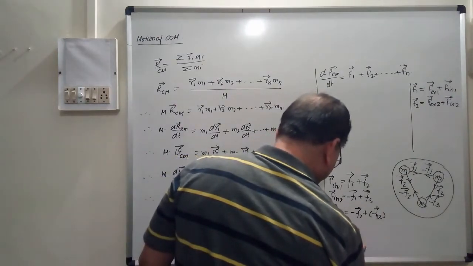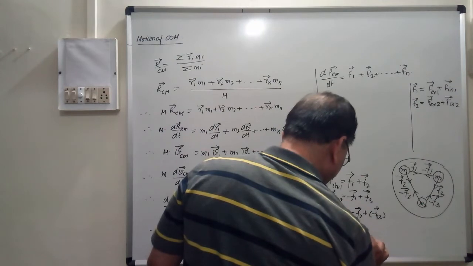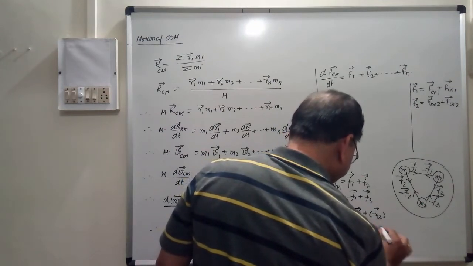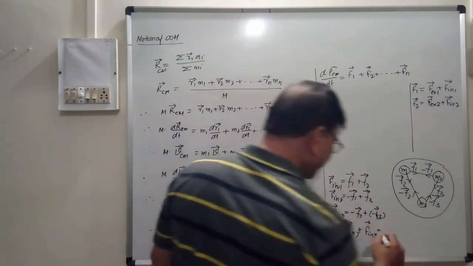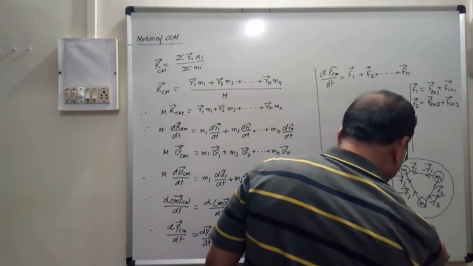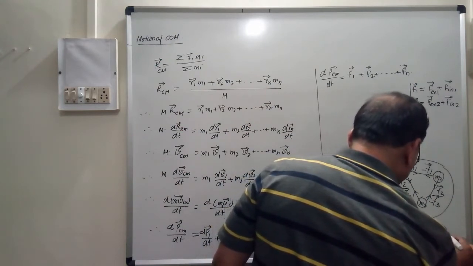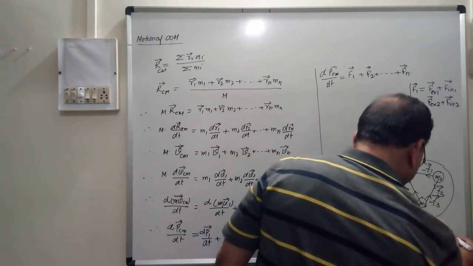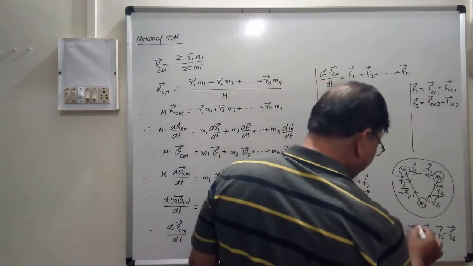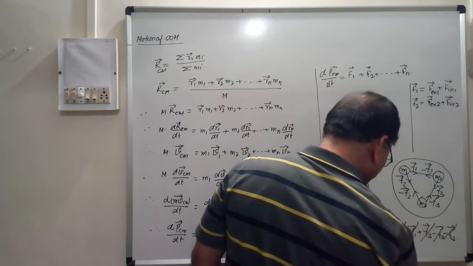F internal 1 plus F internal 2 plus F internal 3. Adding all these, we will get F1 plus F2 minus F1 plus F3 minus F2 minus F3. F1 will go with this, F2 will go with this, F3 will go with this, that is equal to 0.